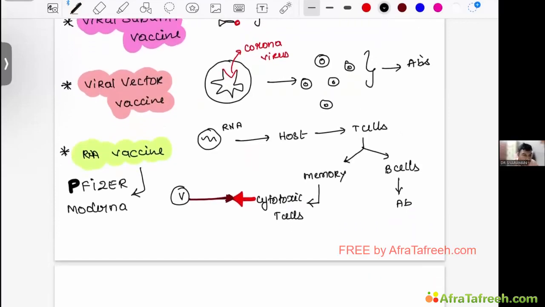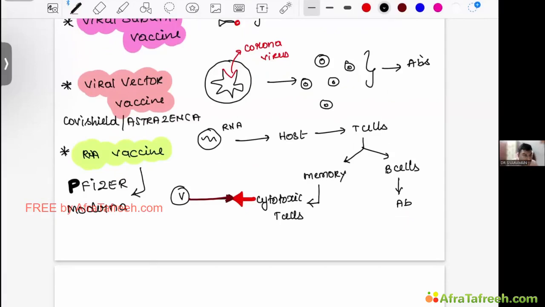Our Covishield is a viral vector vaccine. AstraZeneca, which is US based, is a viral vector vaccine. Then there is one vaccine produced in Russia, called Gamaleya or Sputnik V, which is a viral vector vaccine.